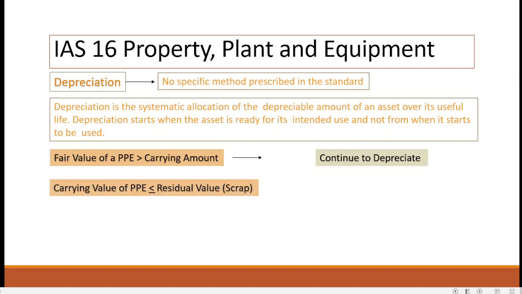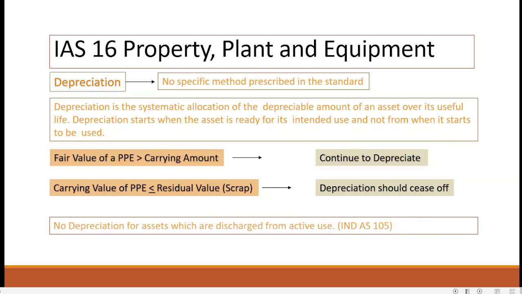If the carrying value of the property is lower than the residual value, let's say the scrap value, then we will stop the depreciation immediately. So no value, no depreciation if they are not in active use.